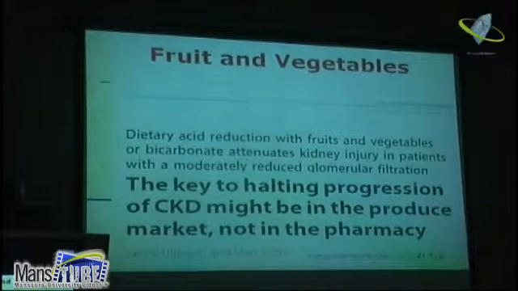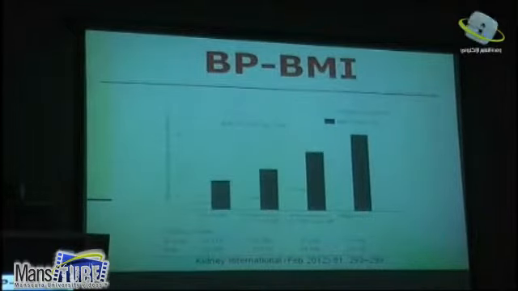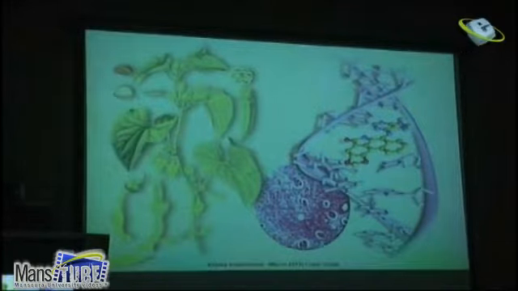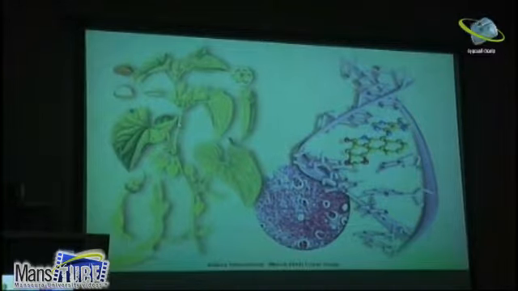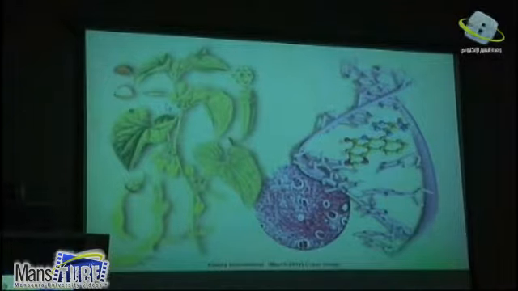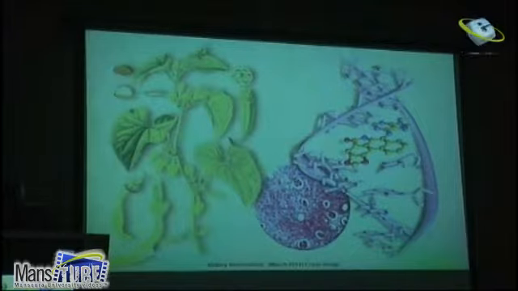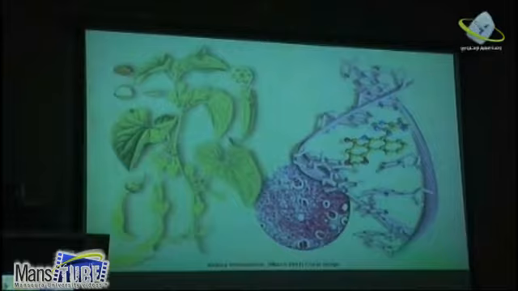So this is another point, regarding the obesity I mentioned. This is the cover of Kidney International in March, last month. If you look, this is a type of plant, Aristolochia, in the Balkan area, Balkan endemic. And this can contaminate the wheat. If a person eats bread contaminated with this plant, it can lead to interstitial fibrosis, as you see here.